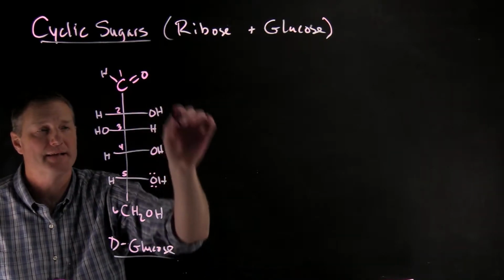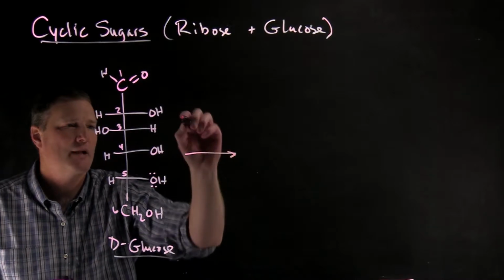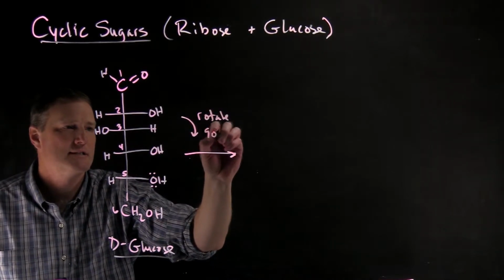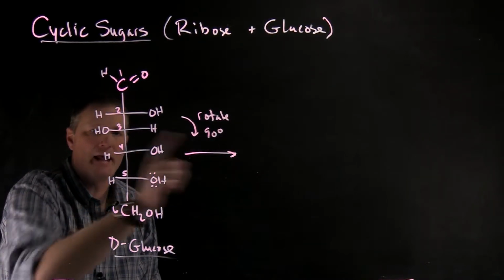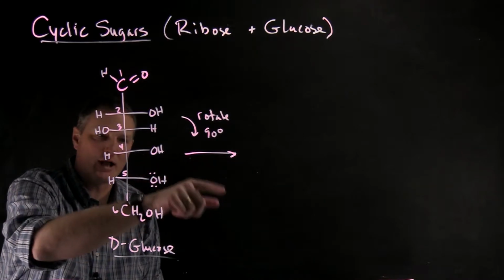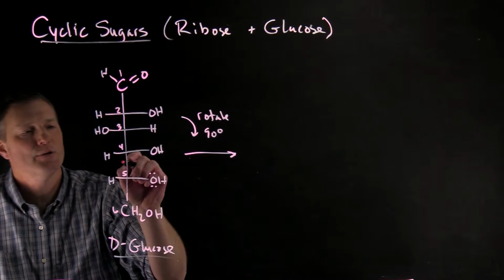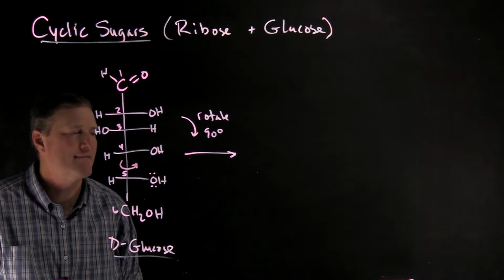It's going to end up cyclizing on the aldehyde carbon 1. So like we did with ribose, what we're going to have to do is rotate 90 degrees. So I'm going to take this structure and imagine flipping it down. I'm then going to wrap the chain around to position this OH group next to the aldehyde. In doing that, I'll also do a slight bond rotation around carbon 4 and 5.